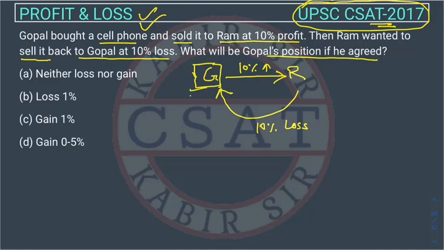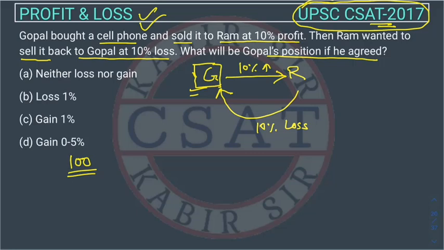So suppose Gopal bought the mobile for rupees 100. You all know why we consider 100, because the calculation is easy. That's why in percentage questions we normally consider the price or anything in terms of multiples of 100.